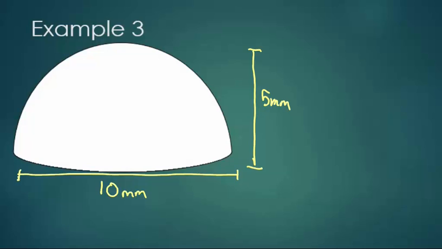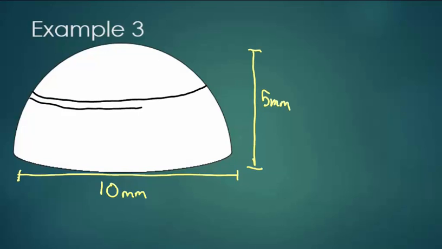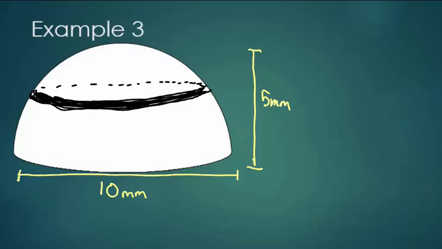So I'm going to show you what a slice in this case is going to look like. The way we slice is as such. There are definitely other ways that it can be sliced.